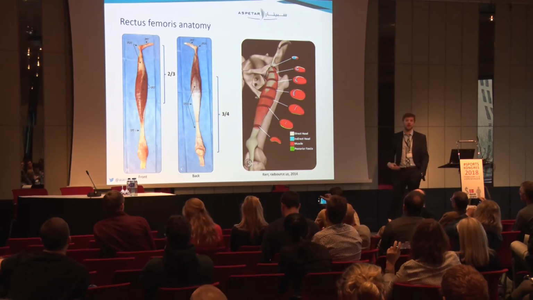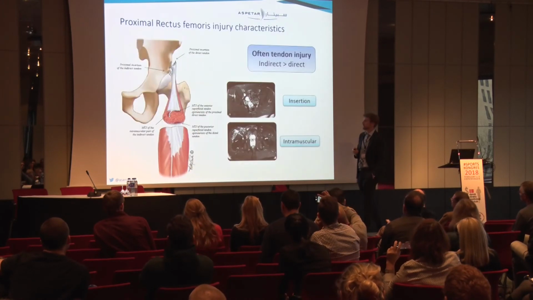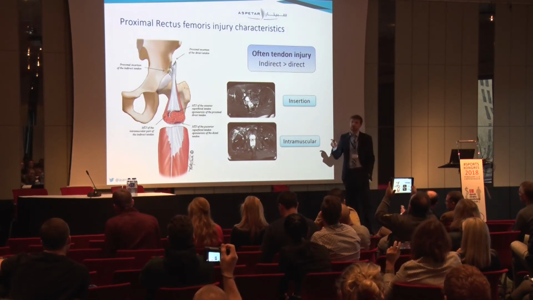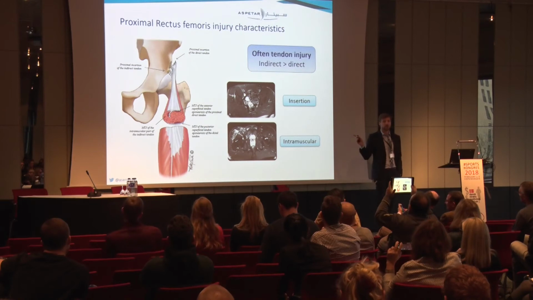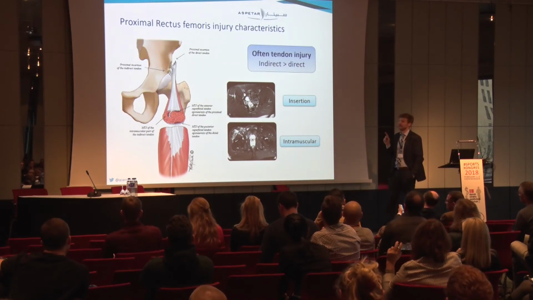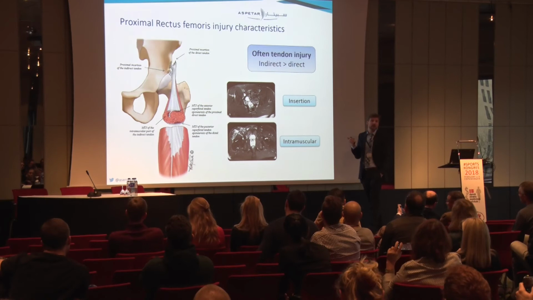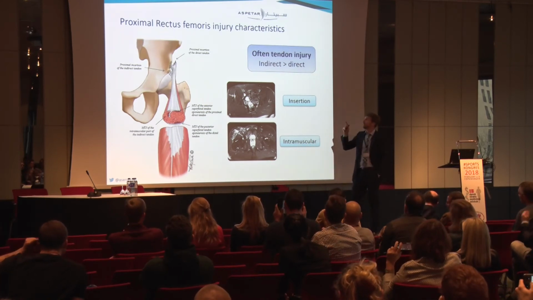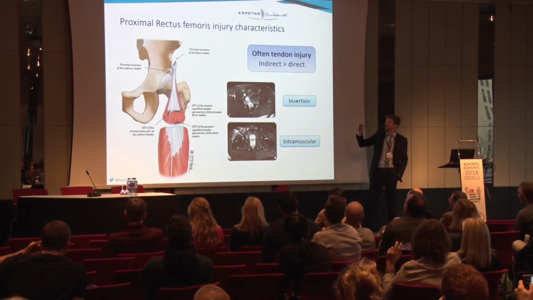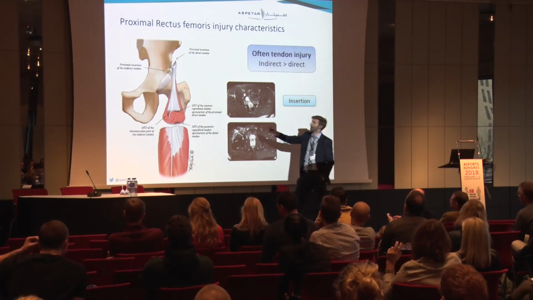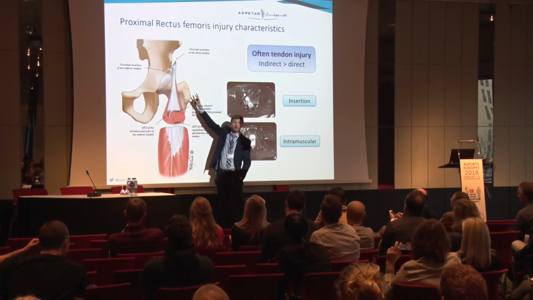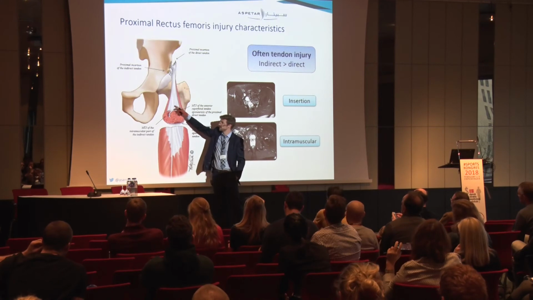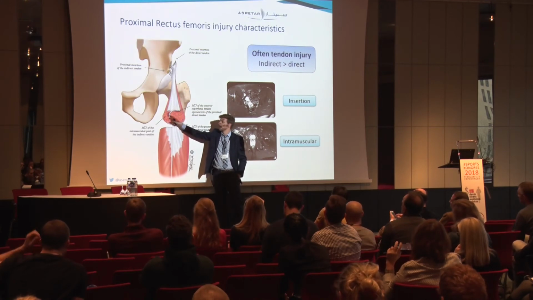So we were looking only at groin pain, so we only had the proximal part of the rectus femoris, and we can see that there are different locations. But one of the things that we found with these proximal rectus femoris injuries was that there was often a tendon injury, and that would be either a tendon avulsion or a tendon tear of the indirect tendon all the way proximally, and that could be as a minor avulsion of one of the tendons, or it can be intramuscularly as the tendon goes within the muscle.